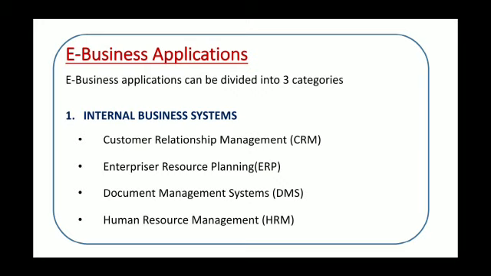In this you will be knowing like customer relationship management, CRM, then enterprise resource planning, that is ERP, document management systems, that is DMS, human resource management, HRM. These will be done through the internal business systems in electronic business.